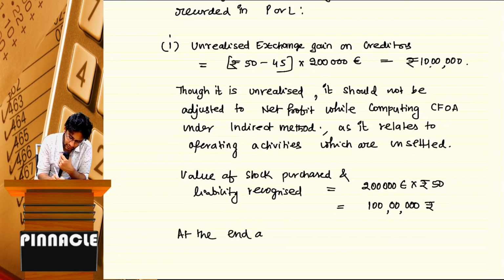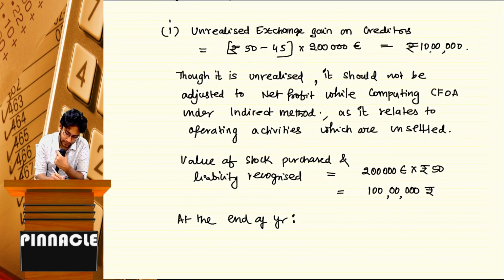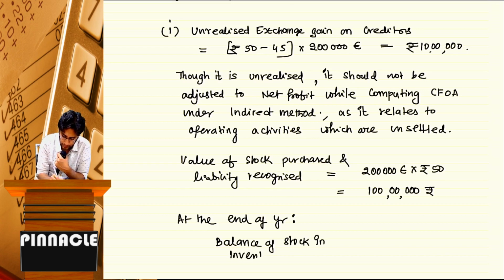At the end of year, ఈ సమ్లో ఇదే మెయిన్. ఈ వర్కింగ్ నోట్ అయిపోతే there is nothing else. At the end of the year, balance of stock in inventory, 100 lakhs you purchased.